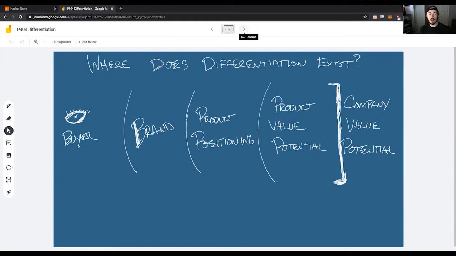And the reason why is, as they're going through these buying decisions, they're trying to determine, can I trust this company that's selling me this thing?